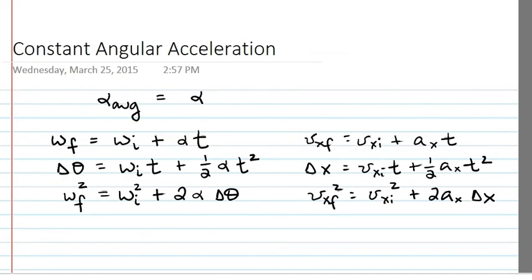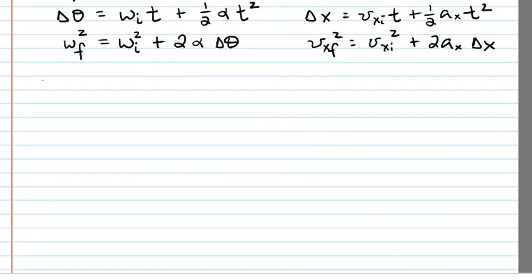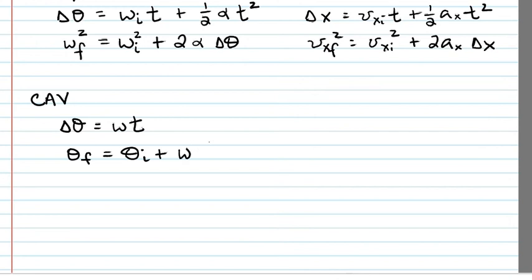So now, just to summarize, we had our constant angular velocity equations, and those were delta theta equal to the constant angular velocity times the elapsed time, or pretty trivially, the final angular position was equal to the initial angular position plus the constant angular velocity times the elapsed time.